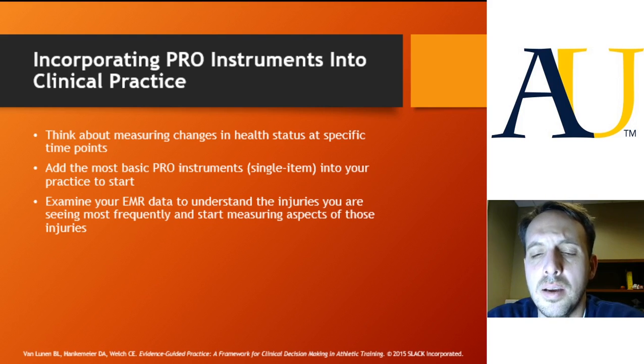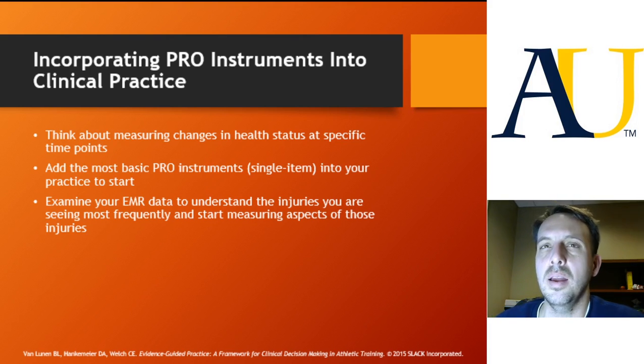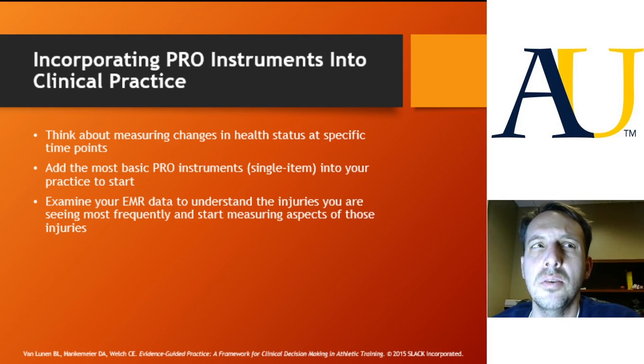And so you can start by administering either single item aspects, which is the easiest, where you just, at the beginning of your evaluation, document things like pain or just rating of function in that single item, to incorporating multi-item aspects, both either general or specific, within your initial evaluation.